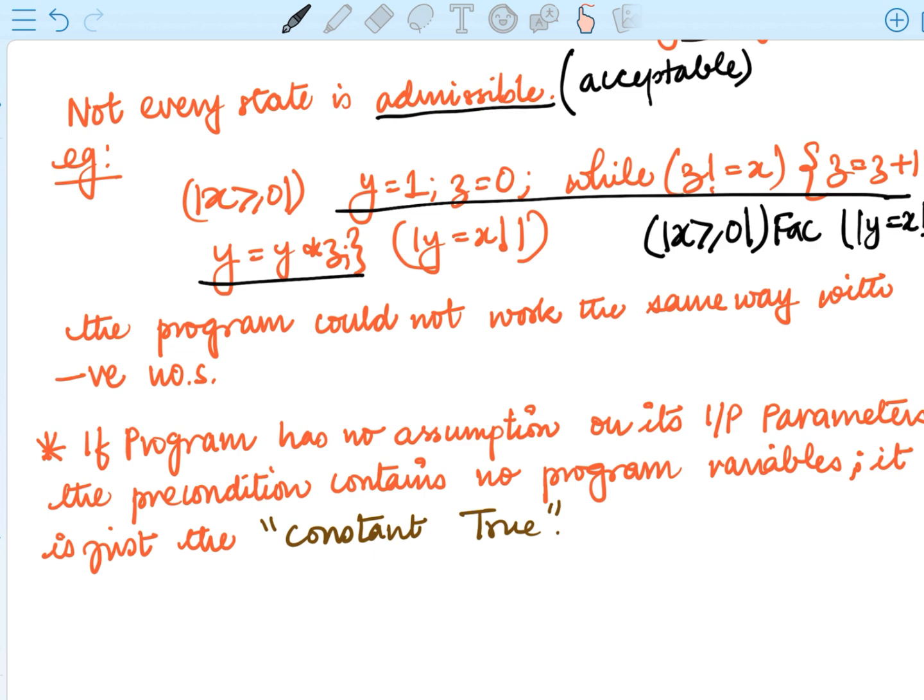So the program could not work the same way with negative numbers. That is, you're assuming that x has to be positive. If you see here, it says x has to be positive or 0. It cannot work when the value of x is negative. If the program has no assumption on the input parameters, the precondition contains no program variables. It is just the constant true.